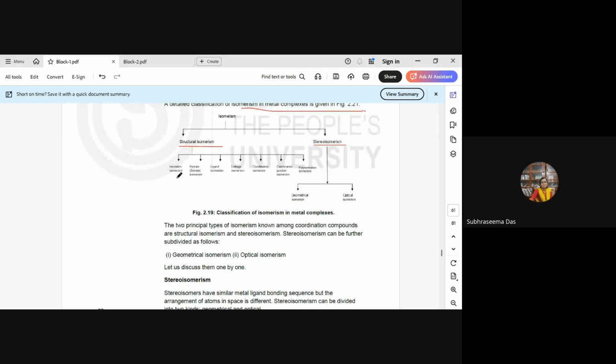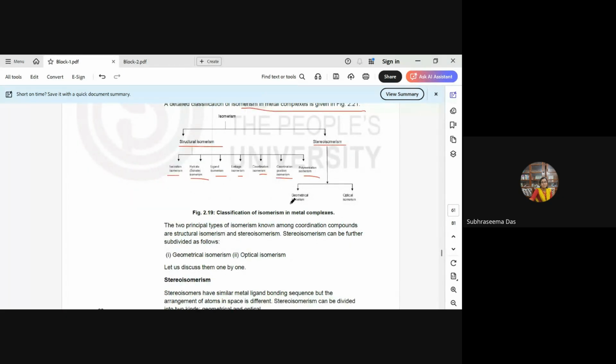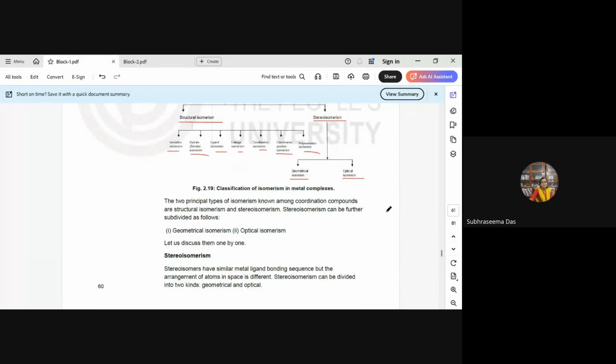Structural isomerism is further classified into ionization isomerism, hydration isomerism, ligand isomerism, linkage isomerism, coordination position isomerism, and polymerization isomerism. Stereoisomerism is further subdivided into two parts: geometrical isomerism and optical isomerism.